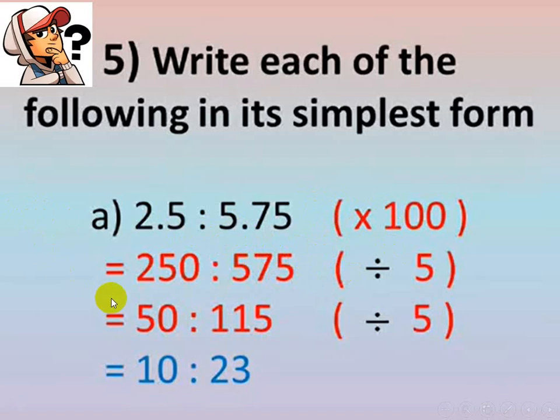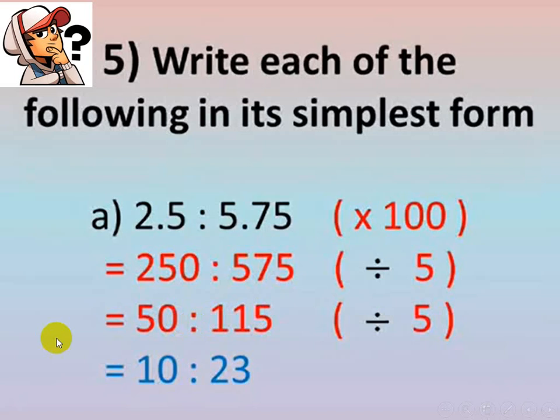But remember the simplification. 250 and 575 are divisible by 5. Write divided by 5. 250 divided by 5, you will get 50. 575 divided by 5, you will get 115.